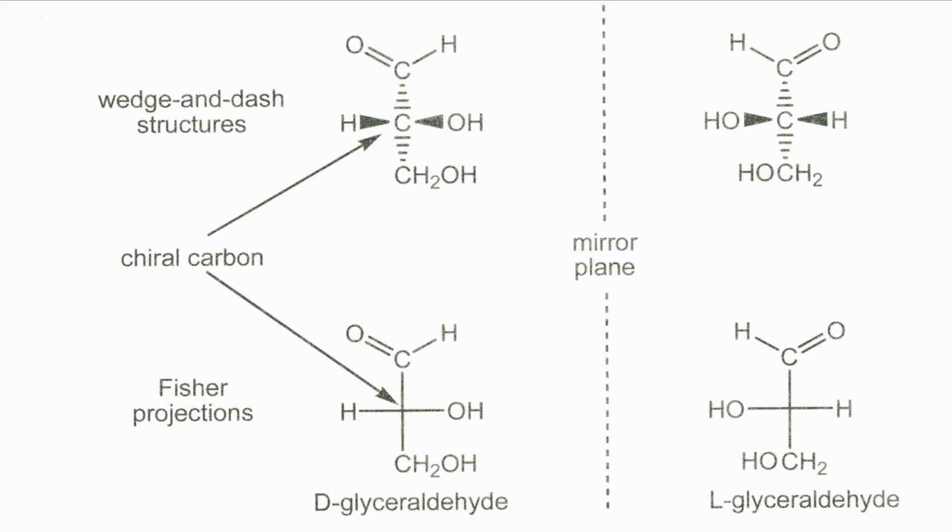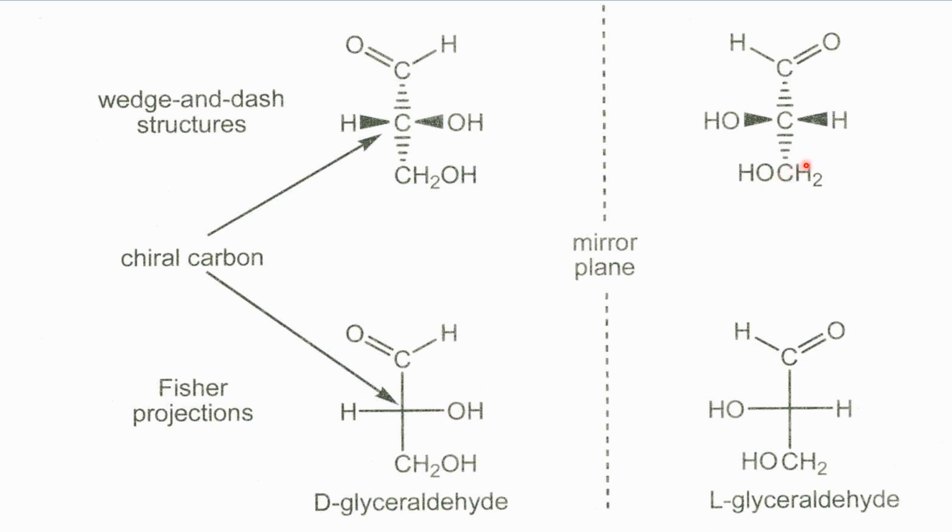This is the flying wedge formula of D-glyceraldehyde, and the bonds which are shown with the dotted wedges, they are going away from the viewer and they are taken in the vertical line of the Fischer projection. And the two groups which are coming towards the viewer, the wedge bonds, they are taken in the horizontal line of the Fischer projection.